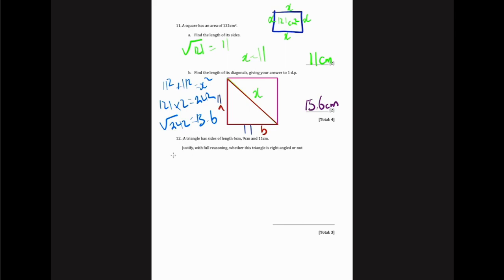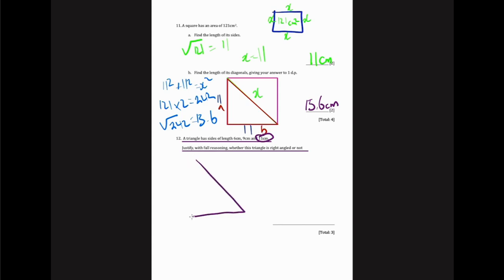Okay, next question. A triangle has sides of length 6, 9, and 11. Justify with full reasoning whether this triangle is right angled or not. So to see if it is right angled, this 11 has to be the hypotenuse.